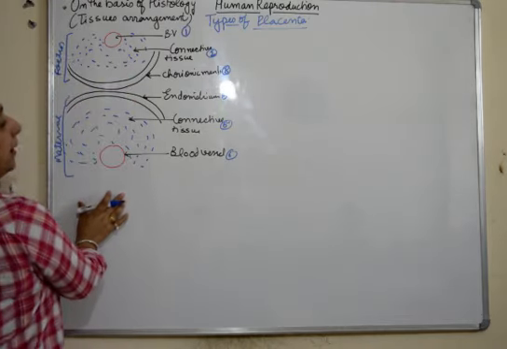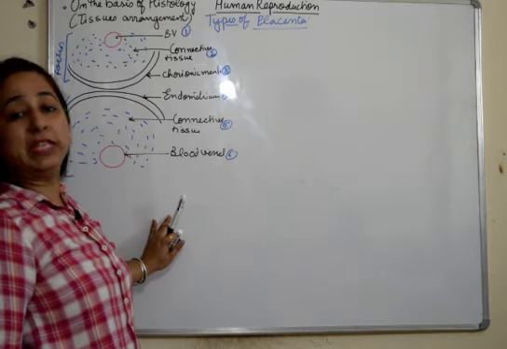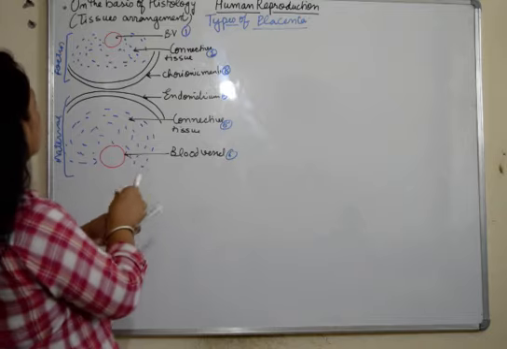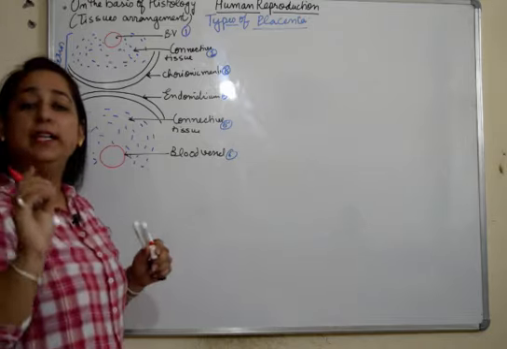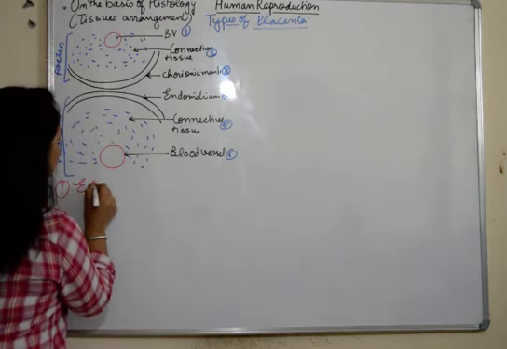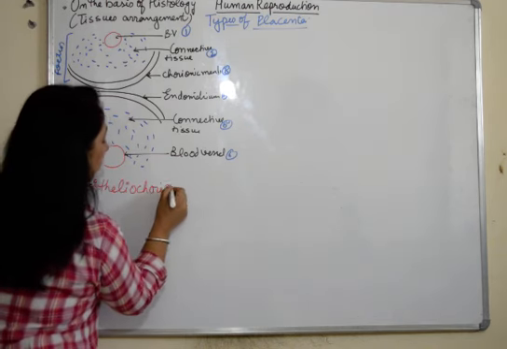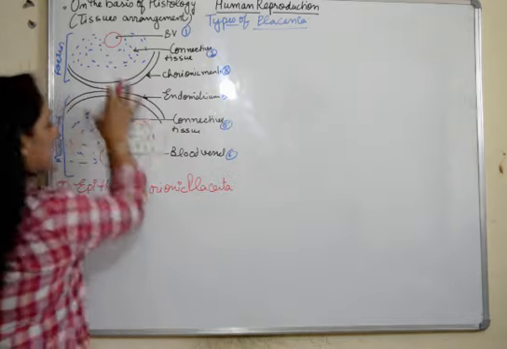Now talking about the different types of placenta on the basis of presence and absence of these layers. The first type on the basis of these 6 layers would be epitheliochorionic placenta.